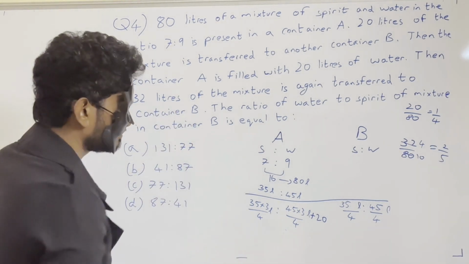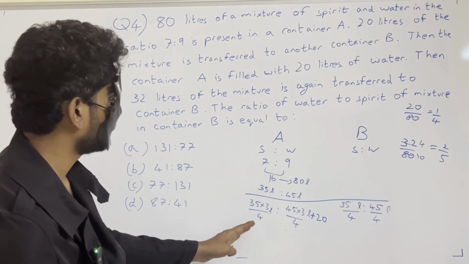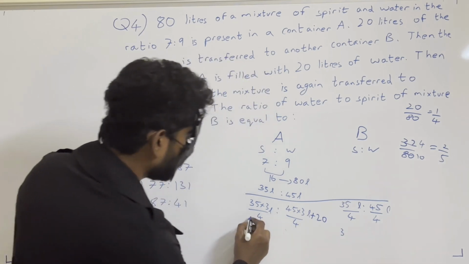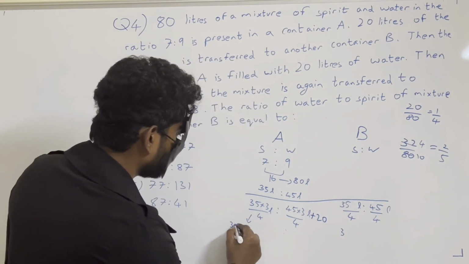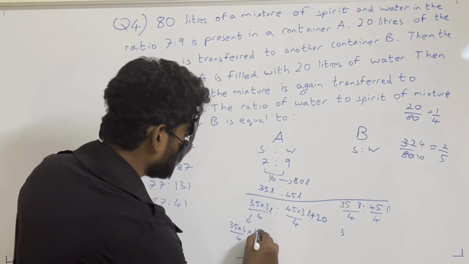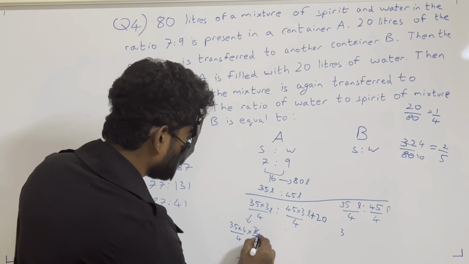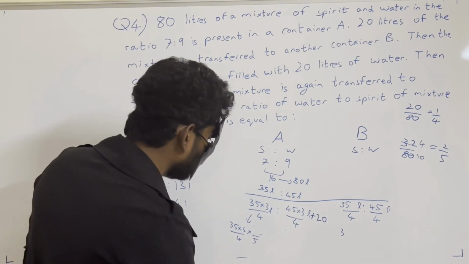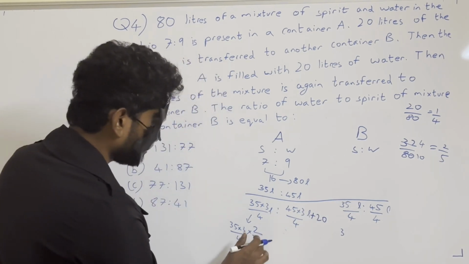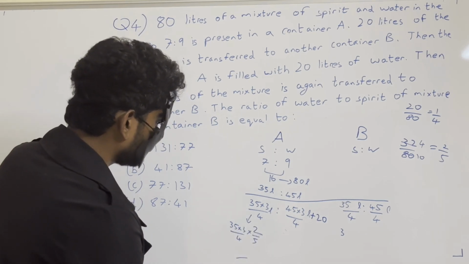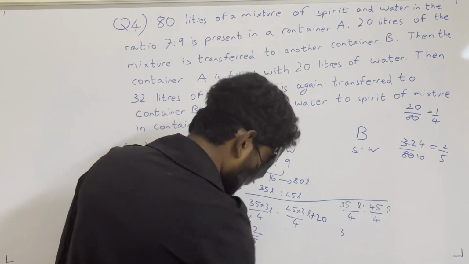So here, what is 2/5 of this? This will be nothing but 35 into 3/4 into 2/5. I won't cancel out this 4 in the denominator, because again here also you need to add. So 2/5 is nothing but 5 sevens are 35, 7 sixes are 42. So 42/4 here.